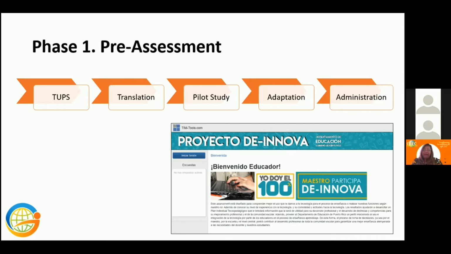And we had some adaptation, because the Department of Education in Puerto Rico initially planned the project for teachers, but then they thought, well, if we're going to be assessing classroom teachers without the other components in the school, we will lack information.